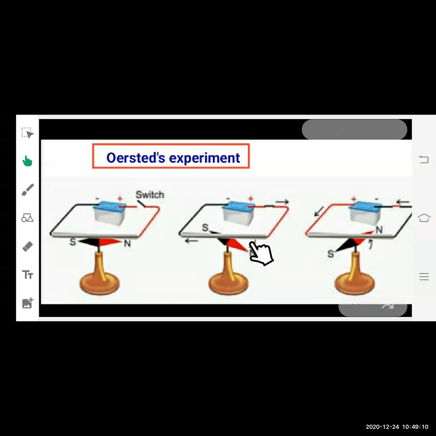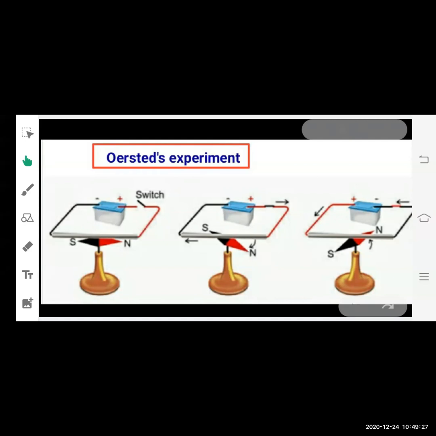So in this topic, we are going to learn about this reaction force exerted by the magnetic needle, that is, how a magnet can exert force on a current carrying conductor.